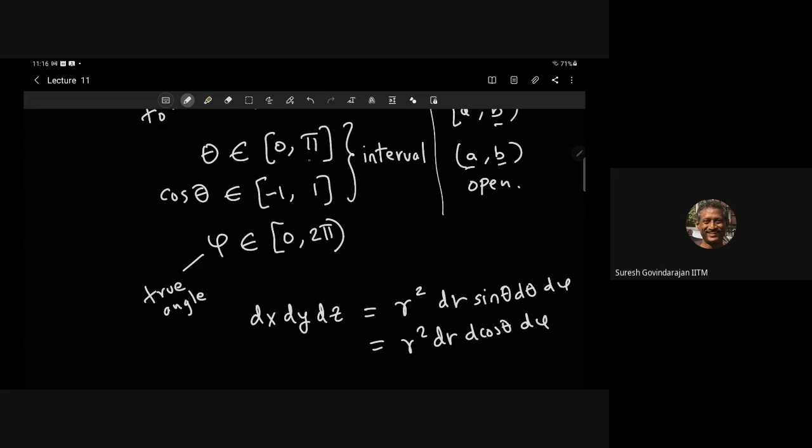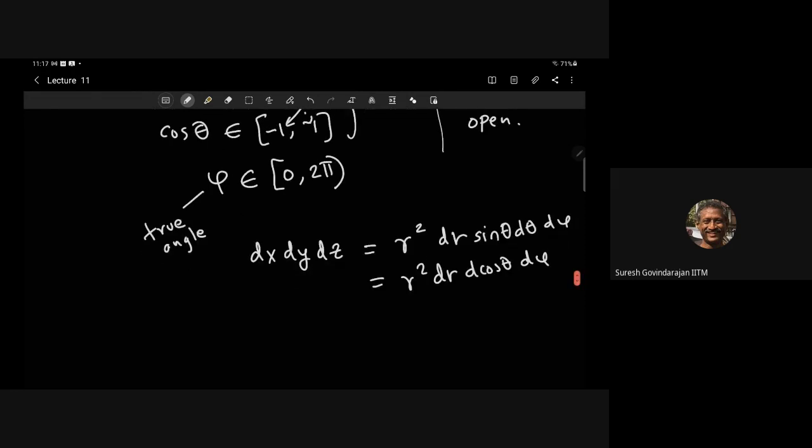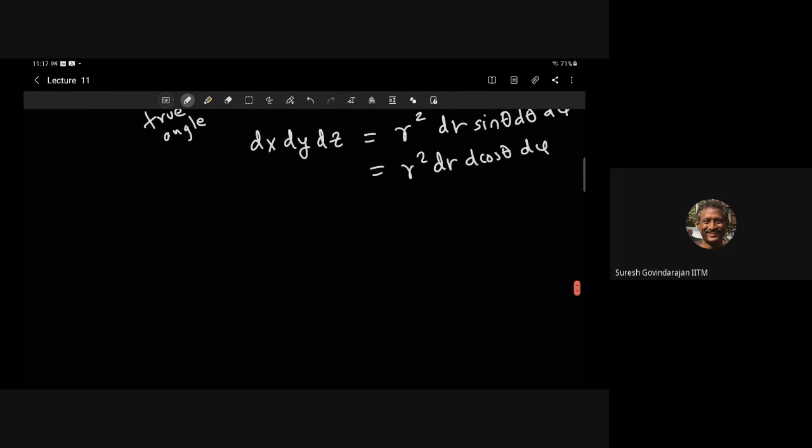So integration in the variable cosine theta is nicer. This is just some random remark which has nothing to do with any deep stuff, but it is some calculational thing which I always remember.